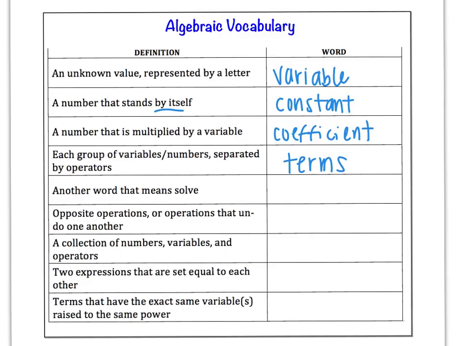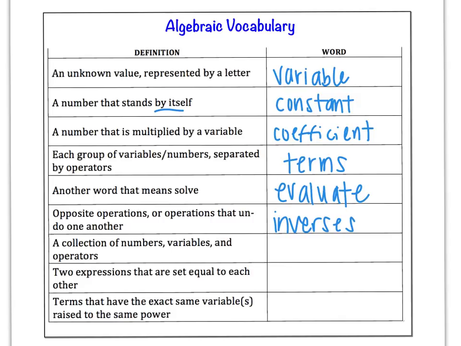Another word that means solve, we've seen this a couple times, I say it's the sophisticated way of saying solve, is evaluate. Opposite operations, or operations that undo one another, are called inverse operations. We'll use that a lot in solving equations.